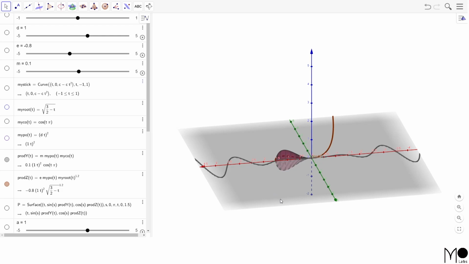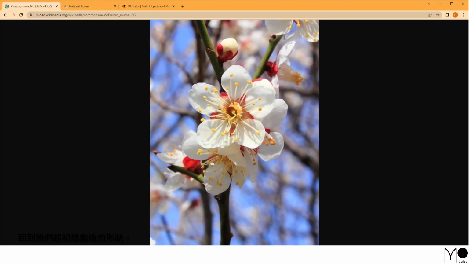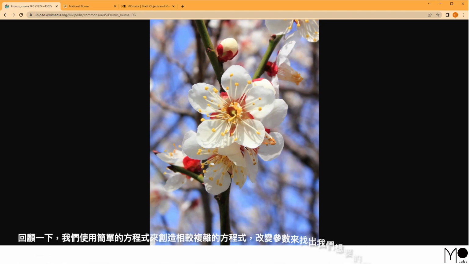So coming back to what we wanted, here's the flower again. We've realized a shape which looks close to one of those shapes here, using simple math formulas, by combining simple math formulas to yield a little more complex formulas, and giving us free parameters to play with to yield thousands of different kinds of flowers.